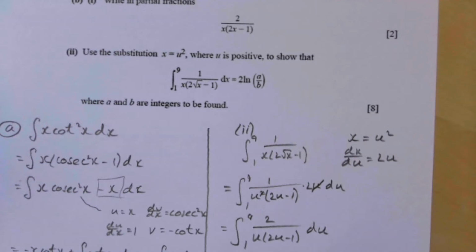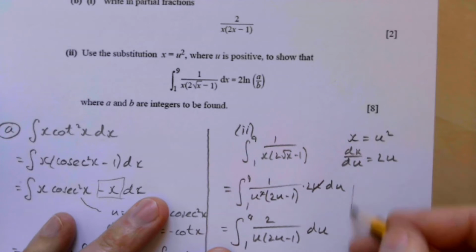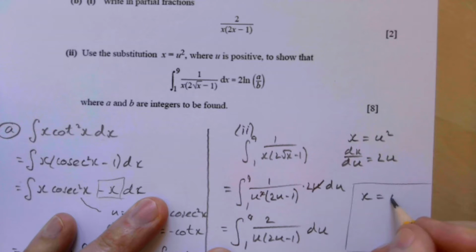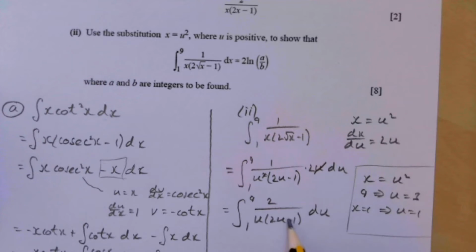I've done something a bit weird here. I should really kind of get rid of these and redo my limits. x is u squared, so if I sub in 9, then that gives me u is 3, and if I sub in x is 1, then I have u equals 1. So my limits will change to 3 and 1. I'll do that from the next line. Also, do we recognize this?